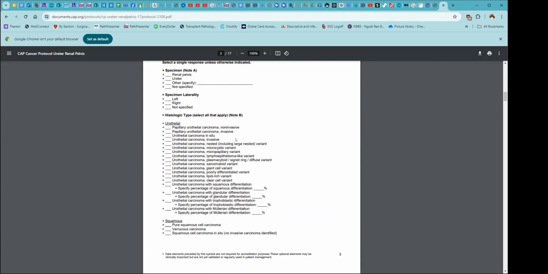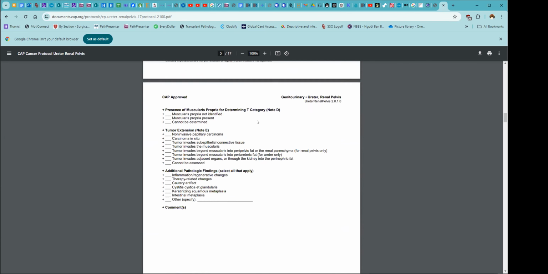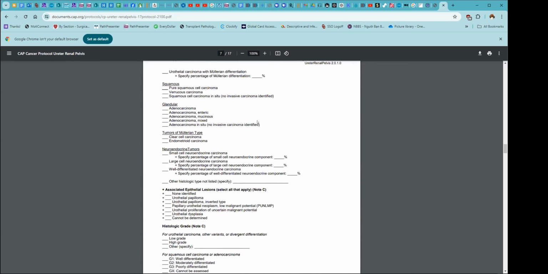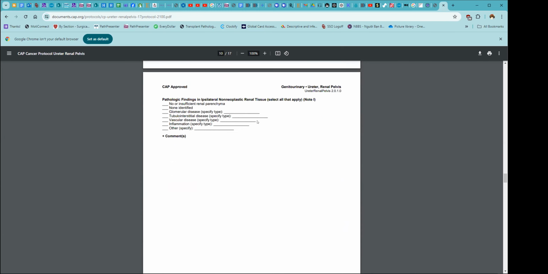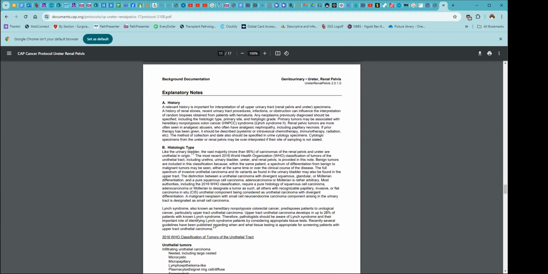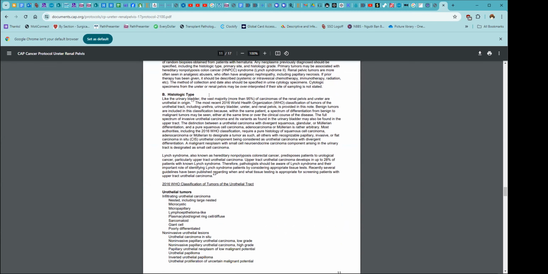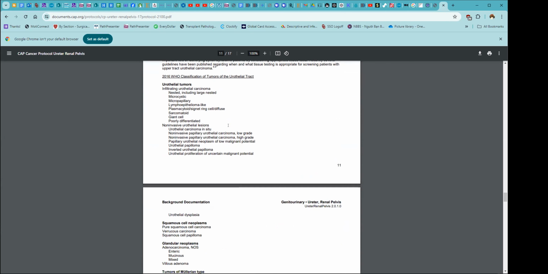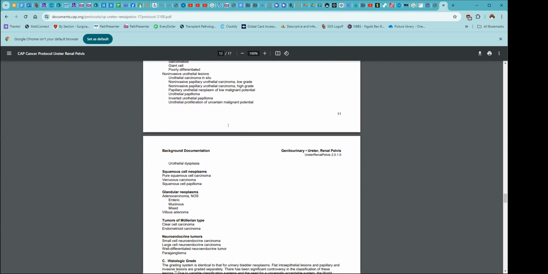Now there is, let's look at note B here. Each of these cancer protocols includes some very helpful notes. So this is the note about histologic type. And that includes this enteric type of adenocarcinoma.